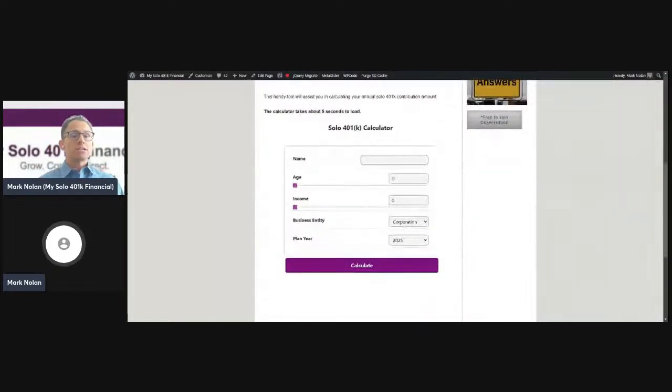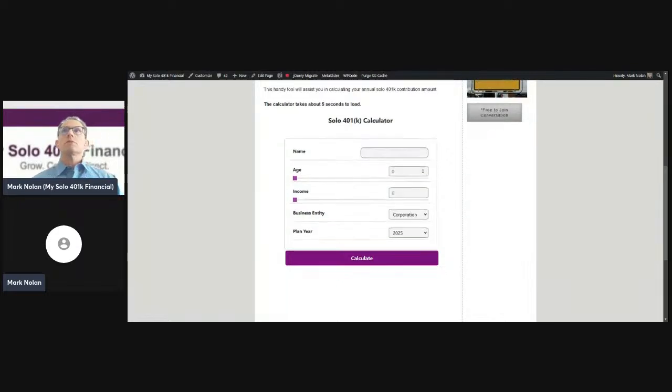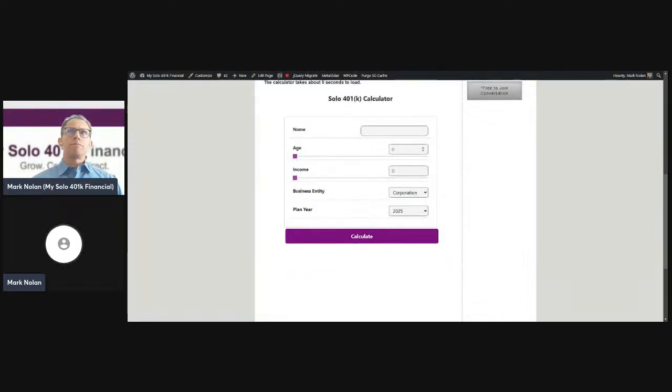Again, today's presentation is for an S corporation, or an LLC taxed as an S corporation, where we're going to do live calculations. Okay, let's say that this individual's age 45. Let's further say their income is $100,000 of W-2 wages for 2025. We're going to keep it as a corporation. Plan year, tax year 2025. Click on calculate.